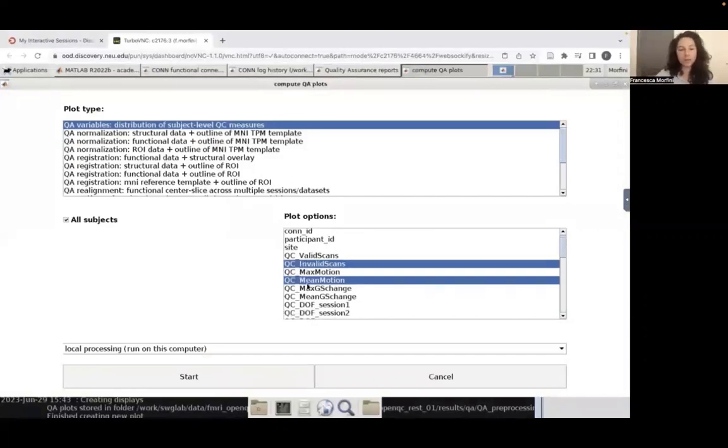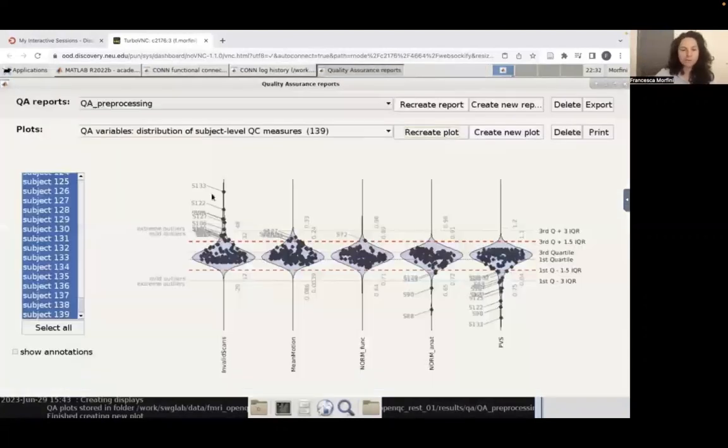I just pick a subsample, and one could see the relative performance of specific runs as they compare to the rest of the distribution of the data. So, for example, here we're looking at invalid scans, which is representative of the number of scans that have been identified as motion outliers or outliers based on, for example, global signal change.